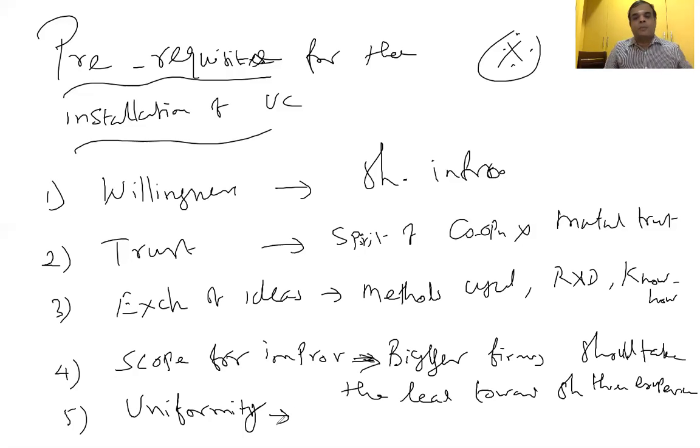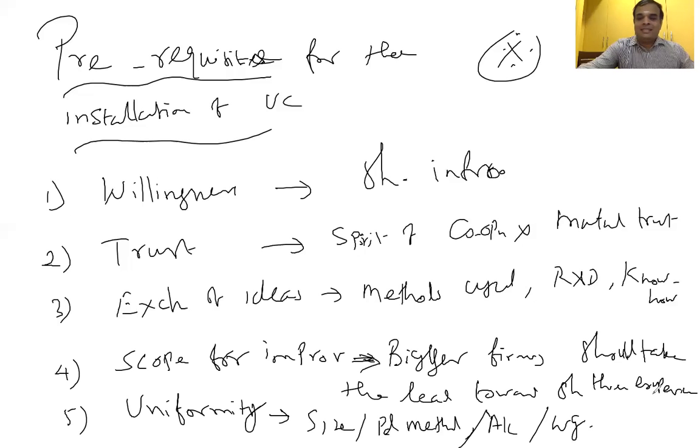And most importantly, uniformity matters a lot. Uniformity with respect to size of the concern, production methods, accounting methods, and wages system.